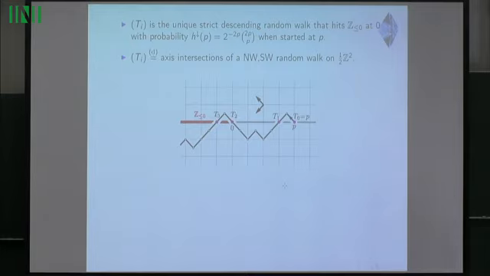So the descending ladder process is exactly equal in law to the axis intersections of such a random walk on the two-dimensional lattice. Right, so if I start at p, so t0 is equal to p, then t1 will be the next time that it returns to the axis, etc.